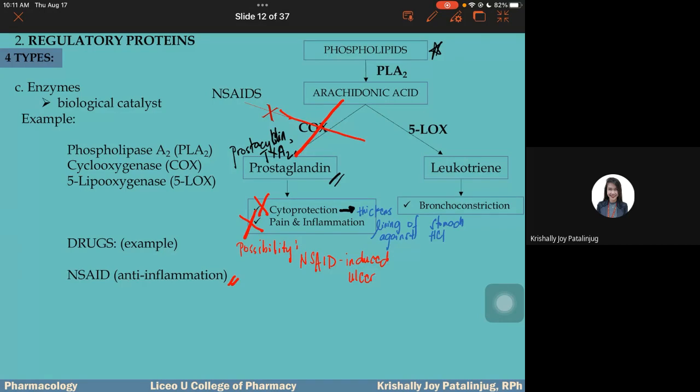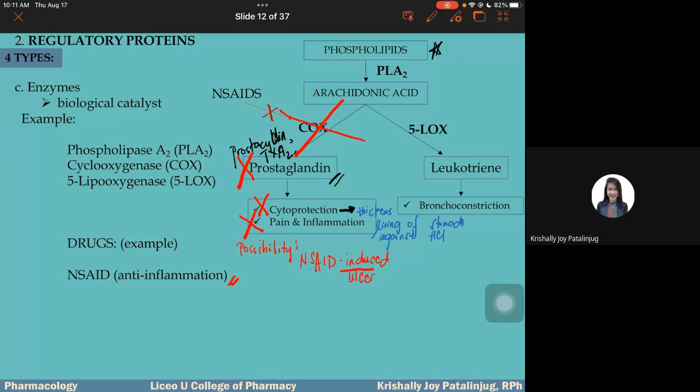There are cases already where the ulcer is caused by a drug, let's say an NSAID. The reason again is that with the action of NSAID inhibiting COX, the prostaglandins important for cytoprotection are also inhibited. This usually happens, an NSAID-induced ulcer, if you take the NSAID on an empty stomach.